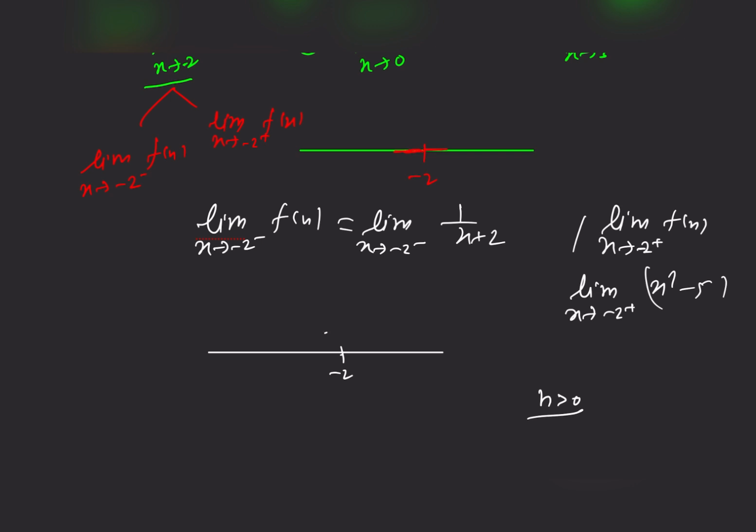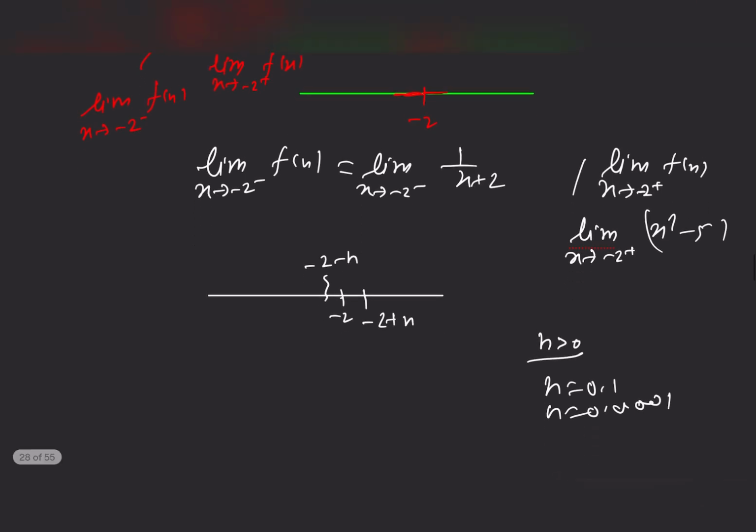Any number minus 2 minus h can be written on the left side of negative 2. Similarly, any number which is greater than minus 2 can be written as minus 2 plus h, where h is arbitrary. So h can be 0.1, h can be 0.0001. Basically h is a very small number.